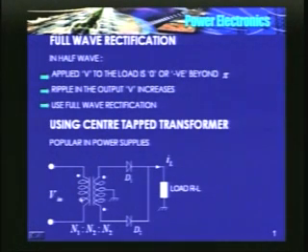A very popular power circuit which is used in power supplies, using a center tap transformer with the primary number of turns N1, and the secondary N2, and here N2. Two diodes, with cathodes tied together, and the load is connected between the common point and the ground.